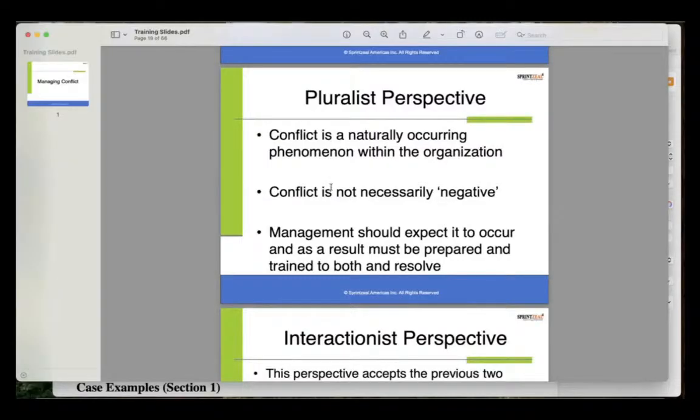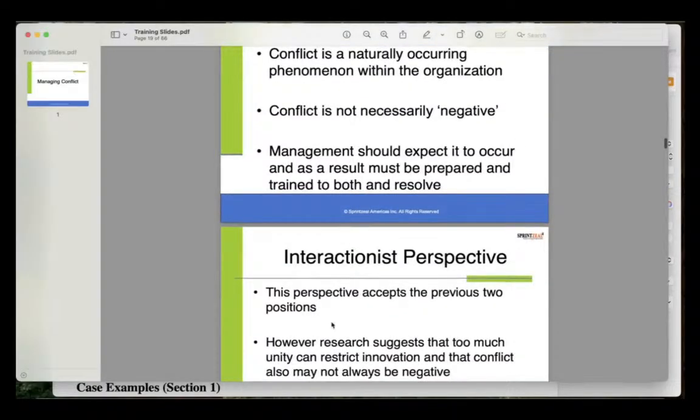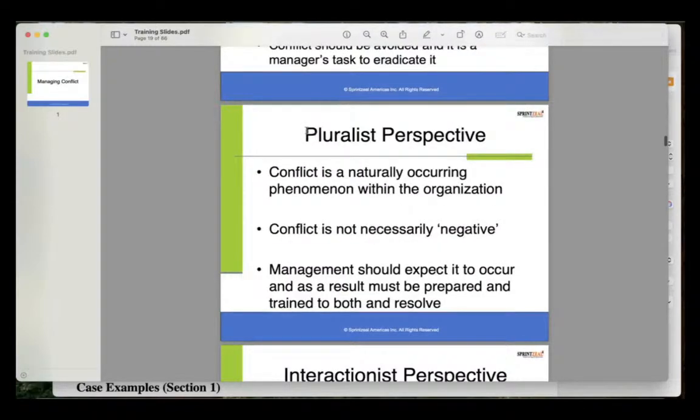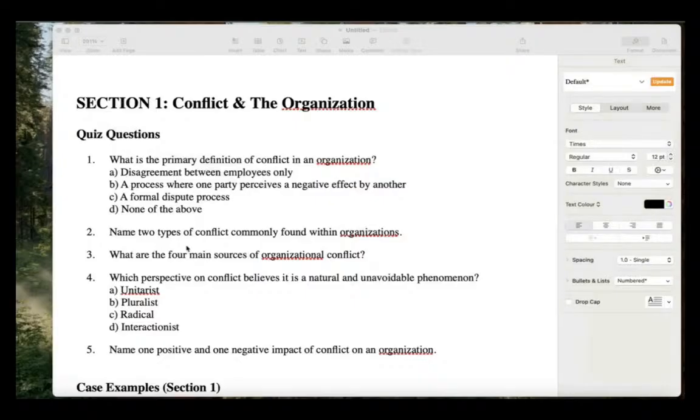This is the pluralist perspective. While the interactionist perspective accepts the previous two positions. So it just accepts, but the pluralist perspective says that conflict is a naturally occurring phenomena within the organization, which is our question: which perspective believes that conflict is a natural and unavoidable phenomena. So here the correct answer would be pluralist.